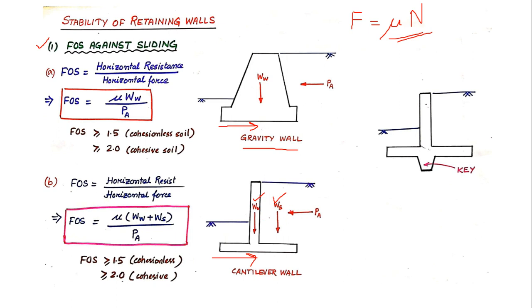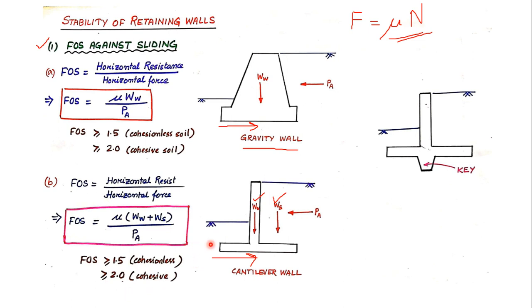So the overall frictional force will be mu into WW plus WS. So the overall factor of safety is mu into WW plus WS divided by PA. Just as with the gravity wall, the factor of safety should always be greater than 1.5 if the soil is cohesionless and greater than 2 if it is a cohesive soil.